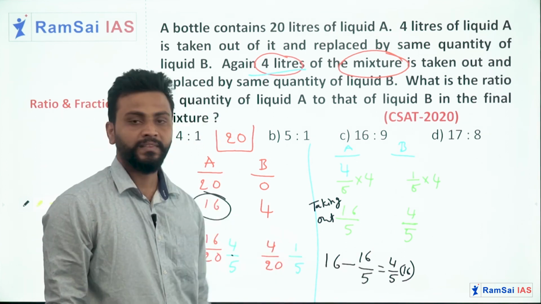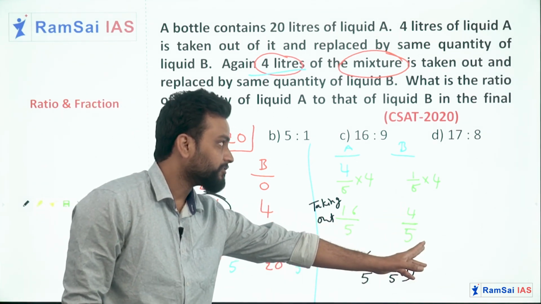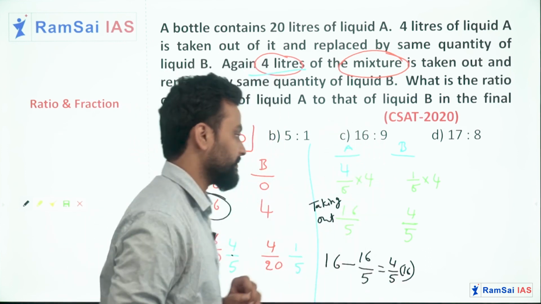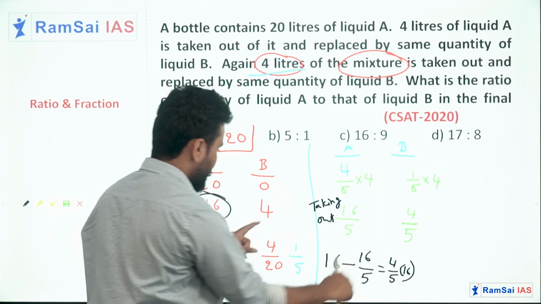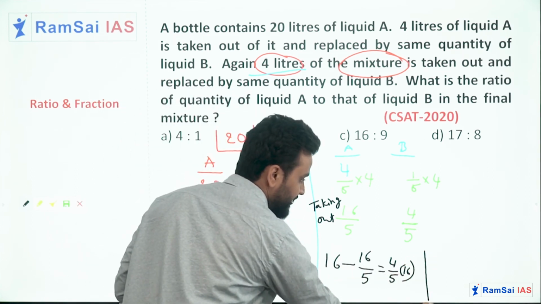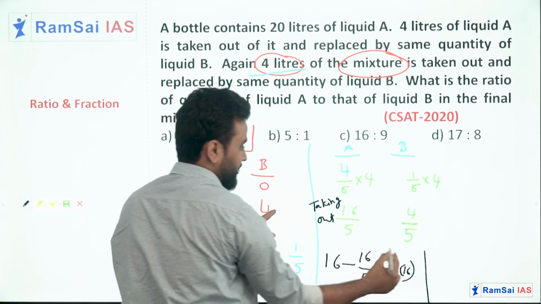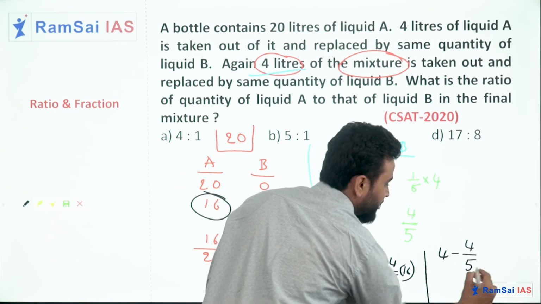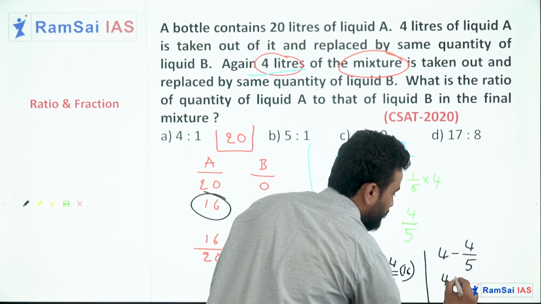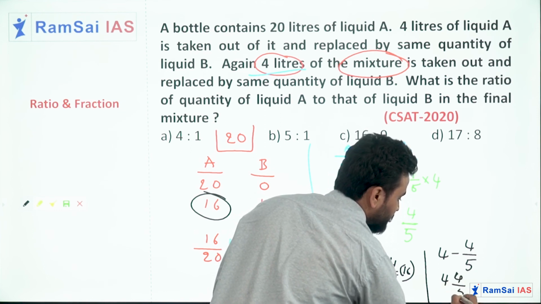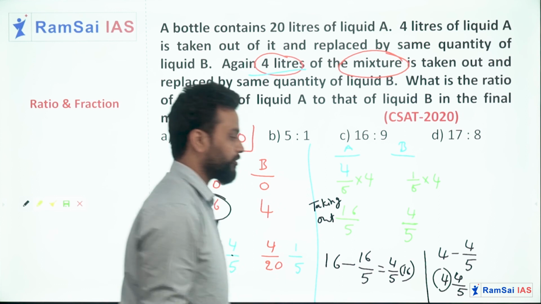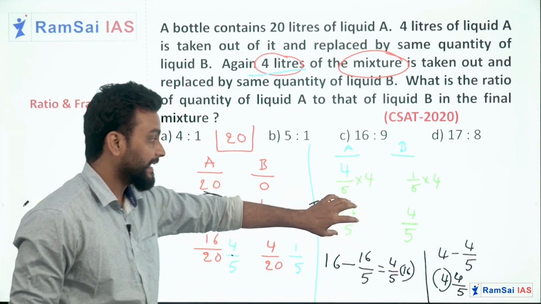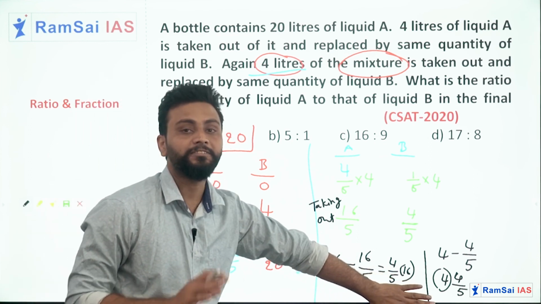Just keep it here and check how much of liquid B will be in the vessel. When we take 4 by 5 out of 4, how much will remain inside? I am talking about liquid B here. 4 minus 4 by 5. So, it will be 4 of 4 by 5. So, this is the amount we took out and this is the amount we left in the vessel.